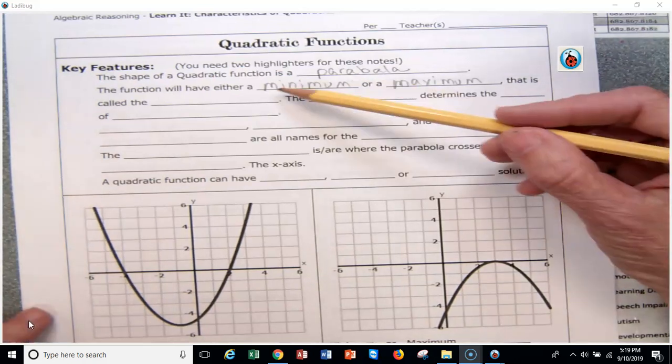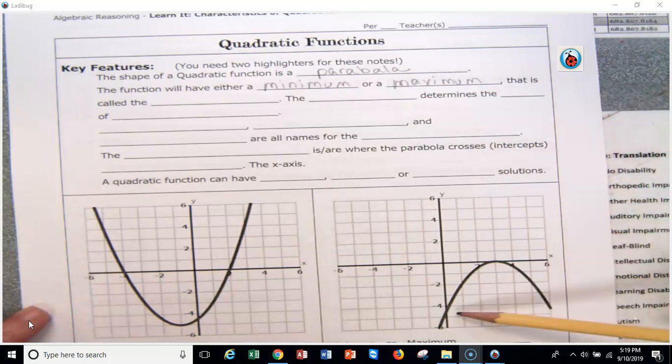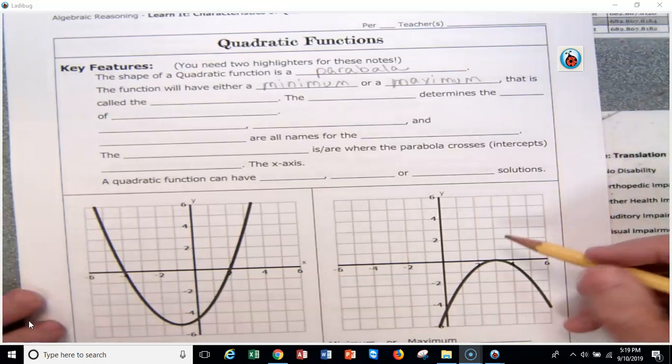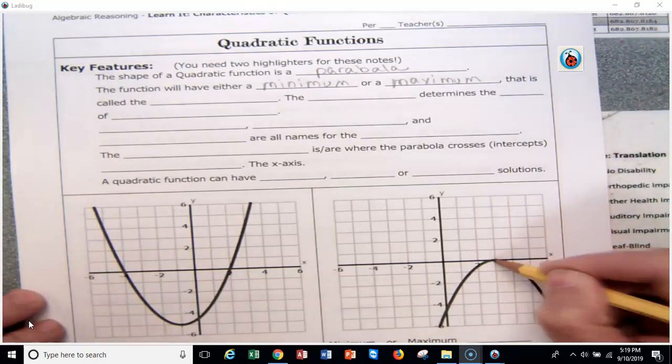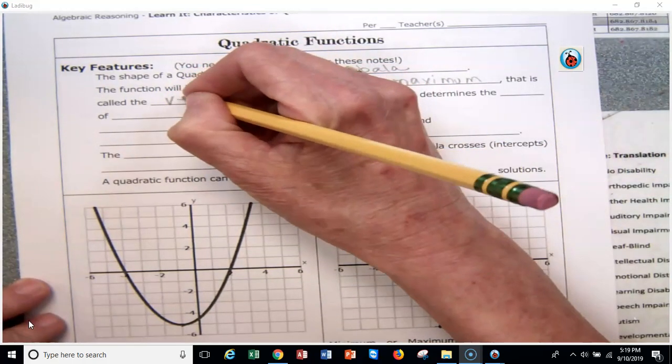The function has a minimum, like I said here, a smiley face, or a maximum, a mountain. The mountaintop has a peak, and the smiley face has like a low spot right there. So that's what you look for, the minimum or the maximum. And wherever that minimum or maximum is, here or here, we call it the vertex.